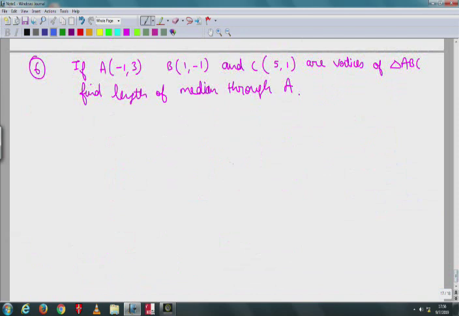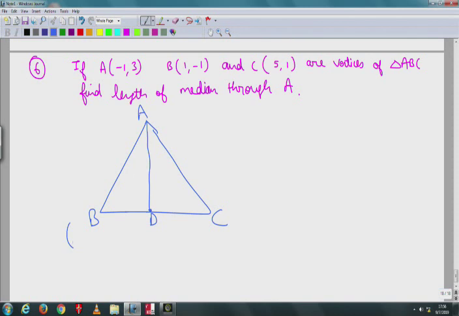And in this question, it is the median. So this is the triangle ABC. Median through A means like this. Let's say AD is the median. According to the definition of the median, D is the midpoint of BC. B is 1 comma minus 1, C is 5 comma 1, A is minus 1 comma 3.